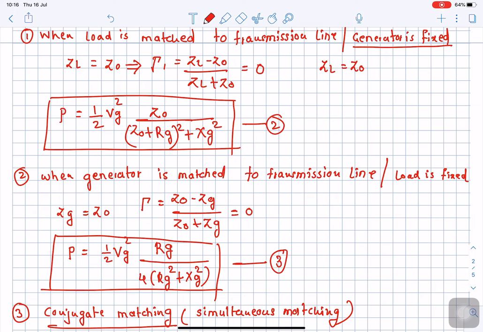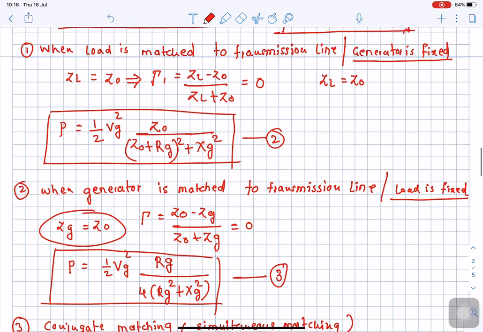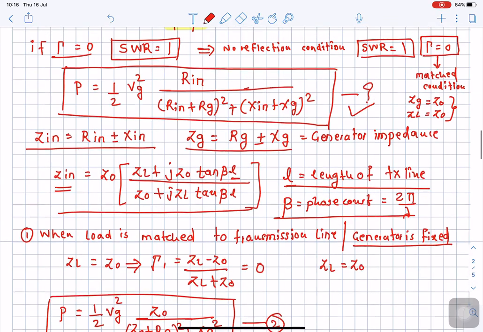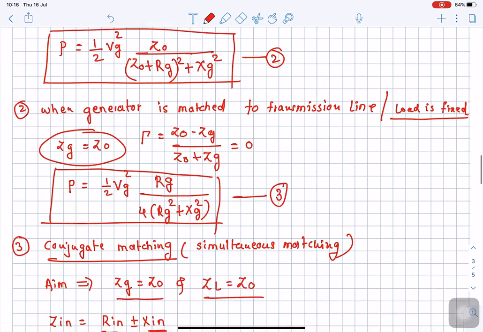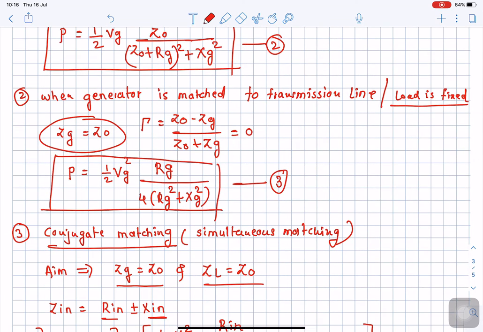In the second condition, we match the generator impedance with the characteristic impedance of the transmission line, provided we assume that the load is already fixed. At that time gamma will become 0. So when we substitute gamma equal to 0, the original power equation gets reduced to equation number 3.